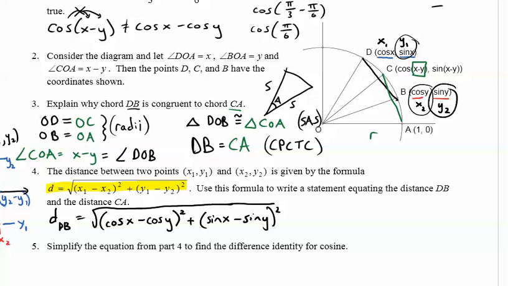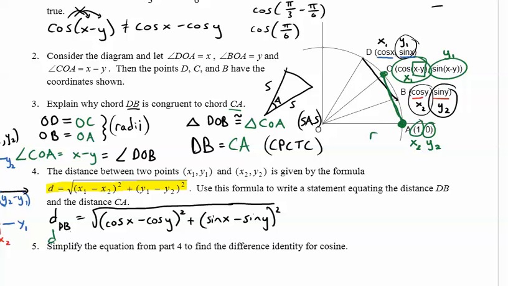And then we can also do this for the distance of C to A using these coordinates. So the cosine is our x1, sine is y1, this one we'll call x2, y2. It's just the point (1, 0) on the x-axis.